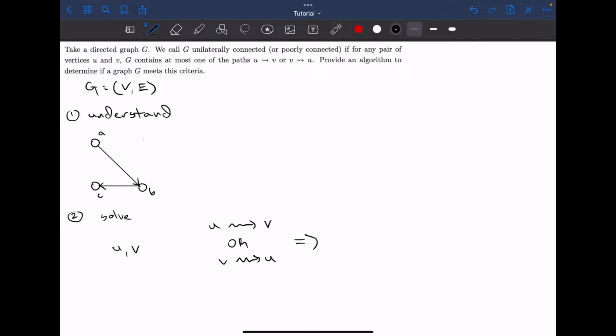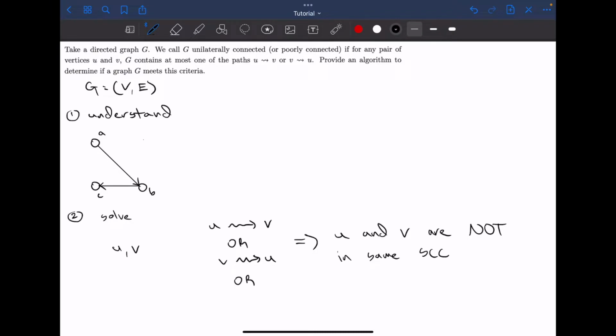What that means is that U and V are not in the same strongly connected component. If they were in the same strongly connected component, then there would be a path from U to V and a path from V to U, by the definition of a strongly connected component. We know that's not the case. There's only one of the paths, and so U and V can't be in the same strongly connected component.